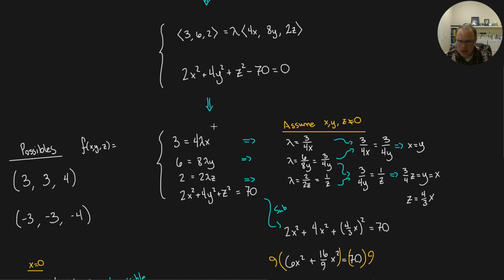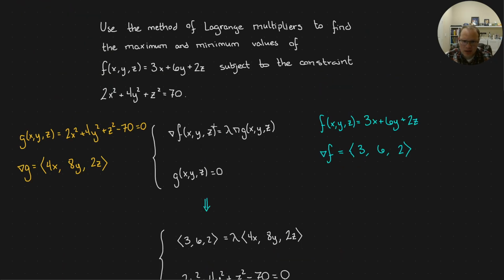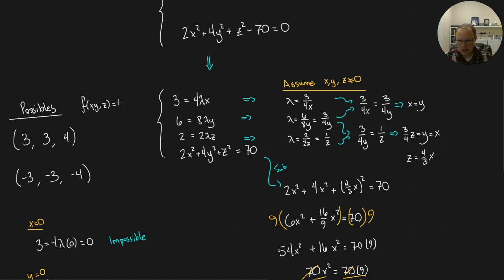If I plug in 3, 3, 4, 3 times 3 is 9, plus 3 times 6, that's 18. 18 and 9 is 27. Plus 2 times 4, that's 8. So 27 plus 8 is 35.